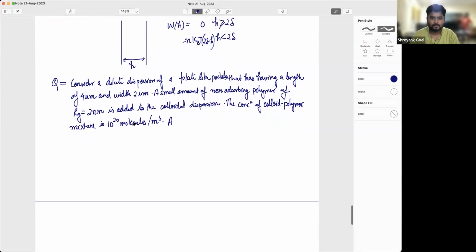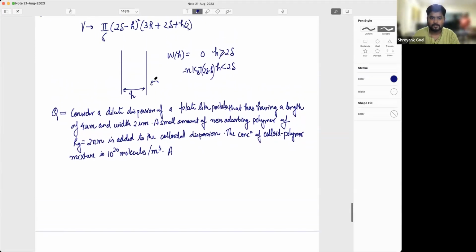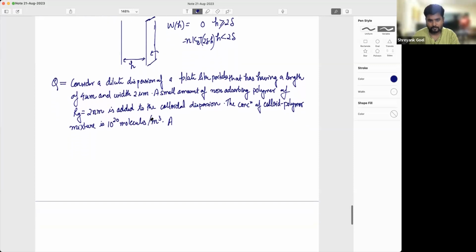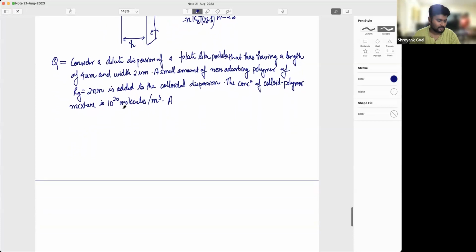So it has the plate-like particle. This is discussed in the lecture. It is valid when we have a plate-like particle having some area. The concentration of the colloid polymer mixture is 10 to the power 20 molecules per meter cube. Assume that the dispersion is at 300 Kelvin.